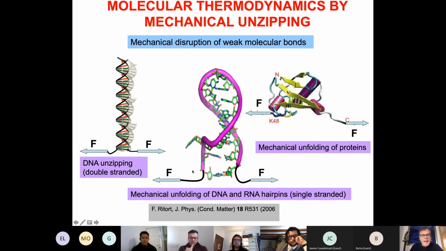So you pull from the 5', 3' end of a nucleic acid, in this case an RNA, and you can reveal its molecular structure, okay? I will show you an example later of this. Also, you can pull proteins, okay? You can pull from the N and C termini, and you can, for example, investigate how proteins fold to the native state. That's something you can do with the technique.